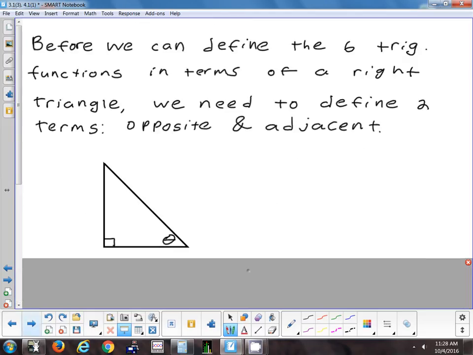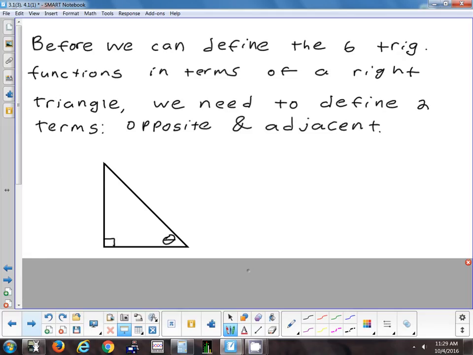All right, so what we're going to do is define the six trig functions, just like we did for unit circle trig last week. We had sine, cosine, tangent, secant, cosecant, and cotangent. Now, last week the way we did it is we based everything off of a point on the unit circle. You had to have a coordinate.